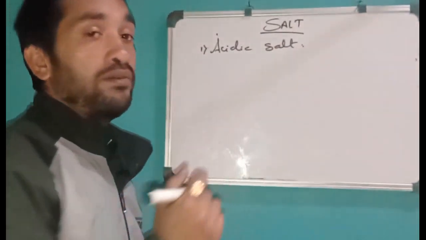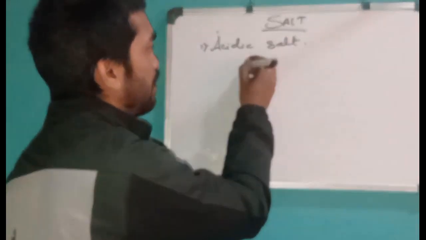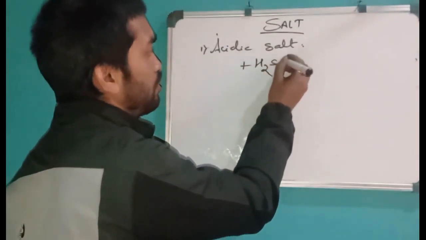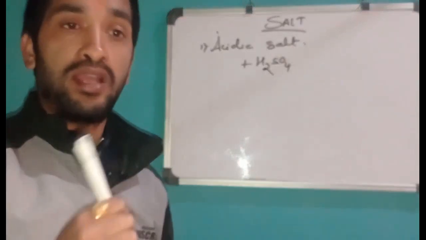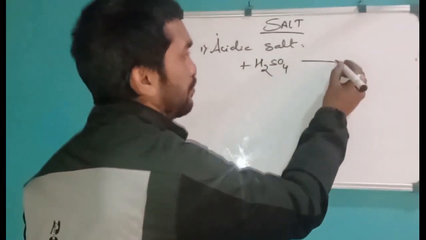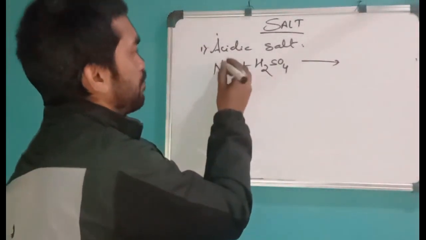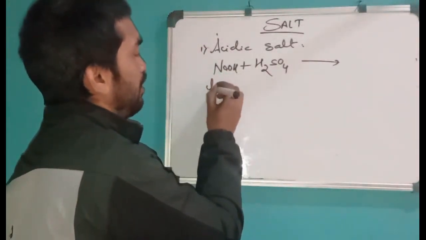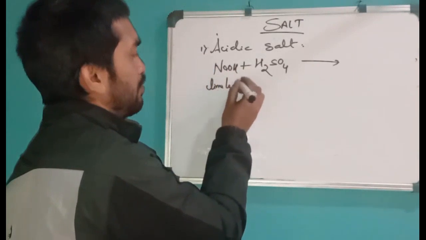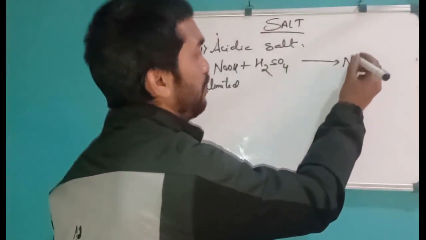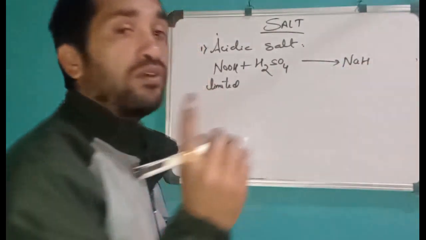These are formed when a basic radical replaces replaceable hydrogen ions of an acid, partially. Remember the word partially. Suppose I am taking NaOH in a limited amount. In limited amount you have to take. So what will it do? It will replace only one hydrogen.